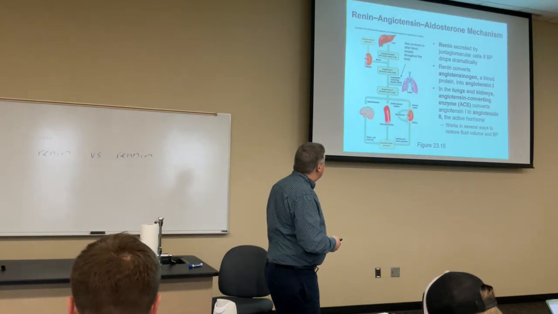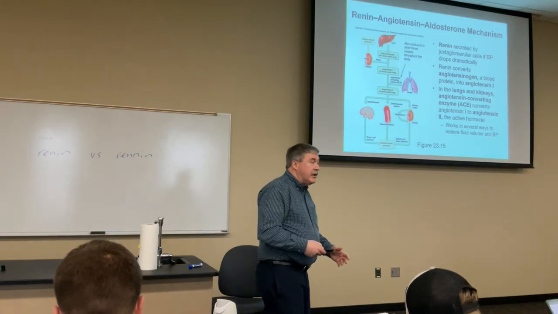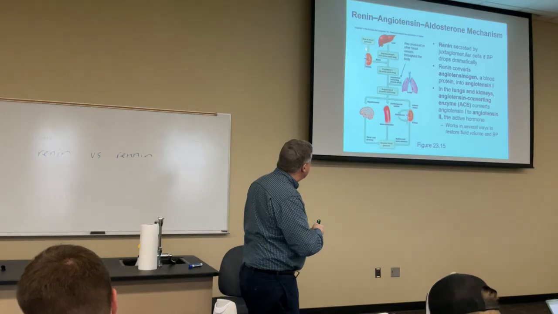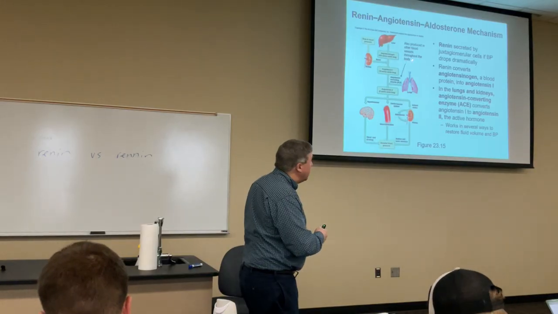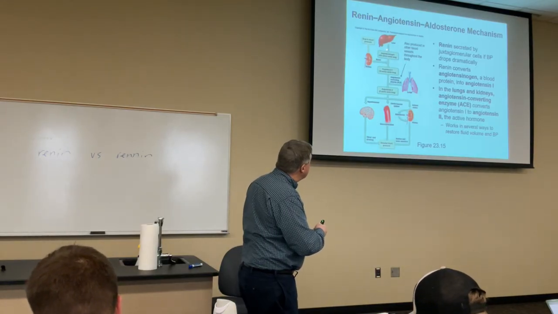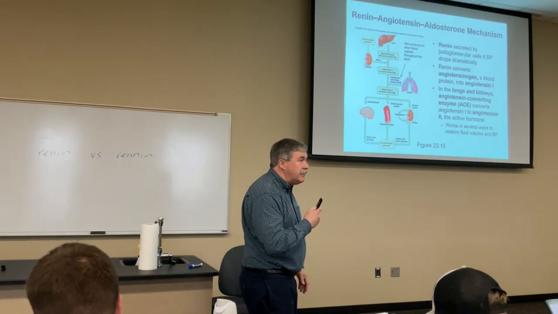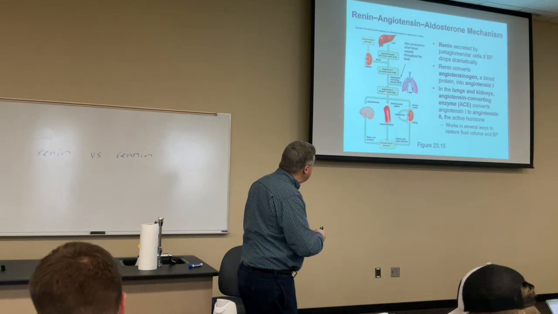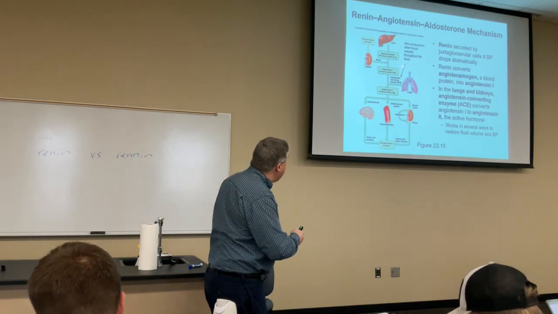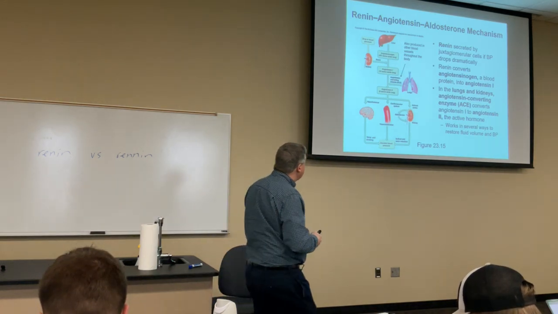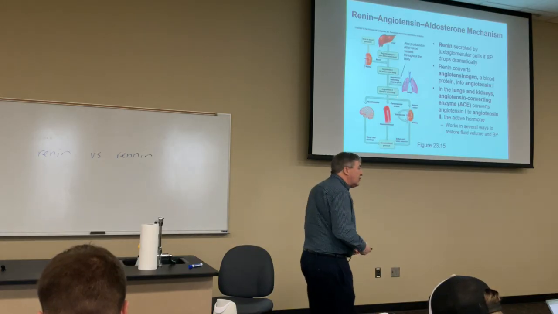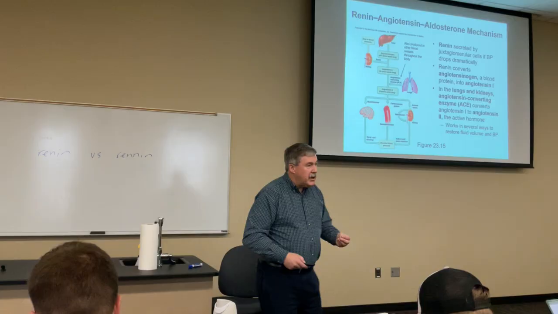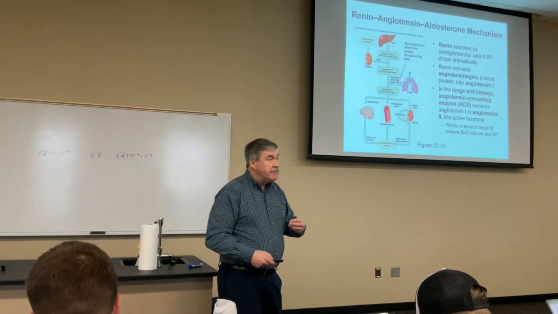So, just briefly, the way this works is that in response to a drop in blood pressure, kidneys secrete renin. Renin converts angiotensinogen to angiotensin-1. Angiotensin-1 is converted to angiotensin-2 by angiotensin-converting enzyme. Angiotensin-2 is a potent vasoconstrictor, so it increases blood pressure, which increases GFR.